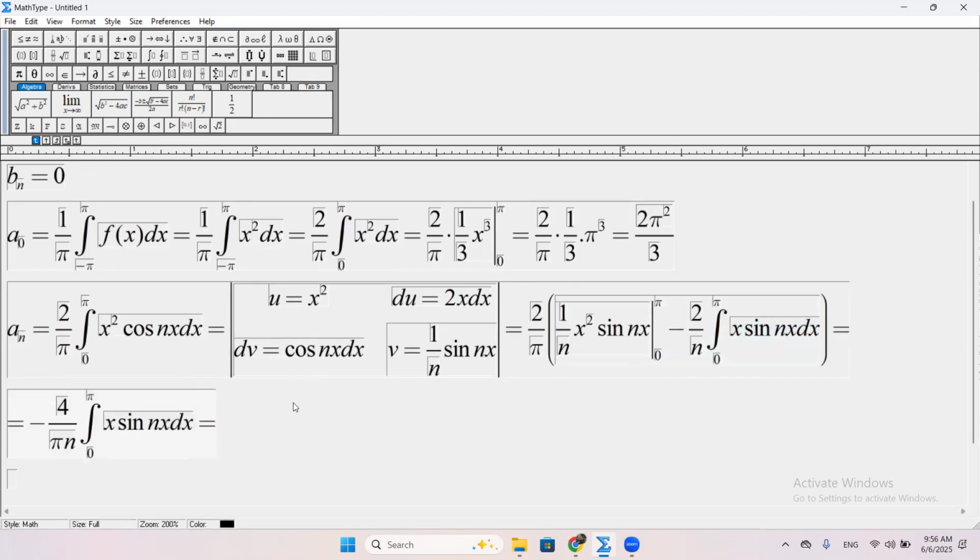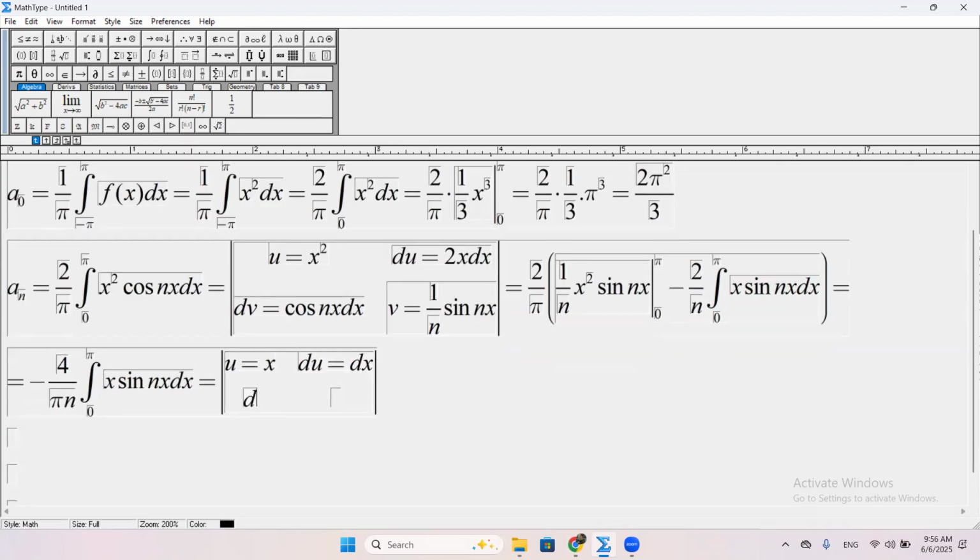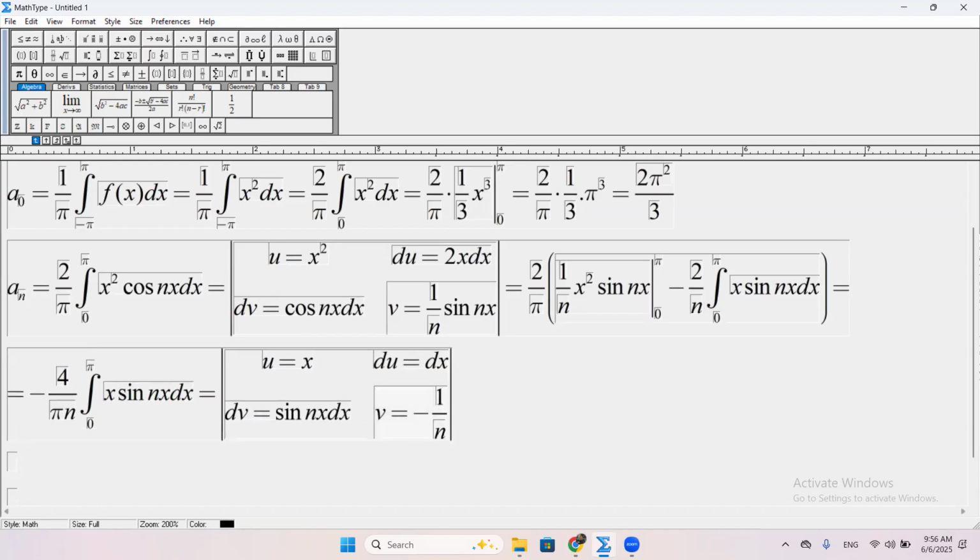This integral again will be calculated by parts. u equals x, du equals dx, dv equals sine of nx dx, so v equals minus 1 over n cosine of nx.